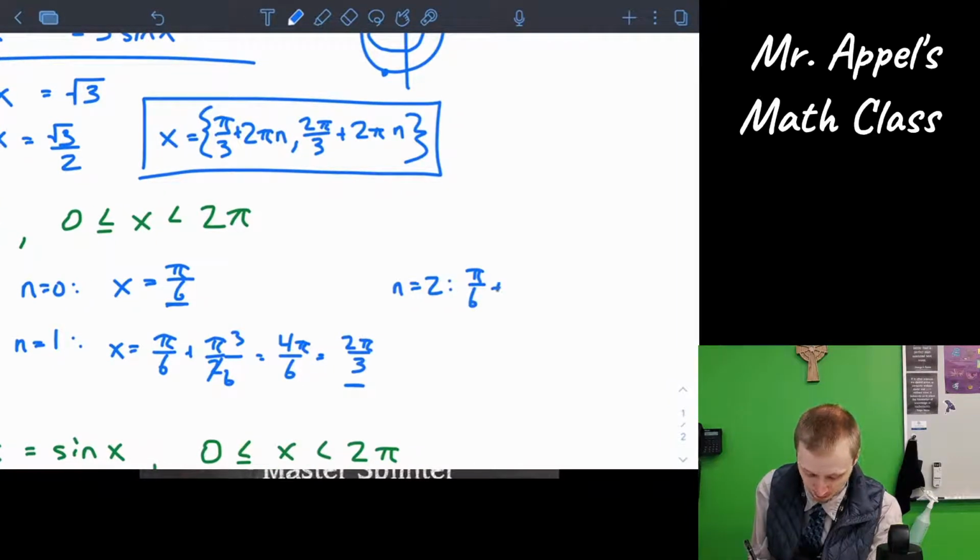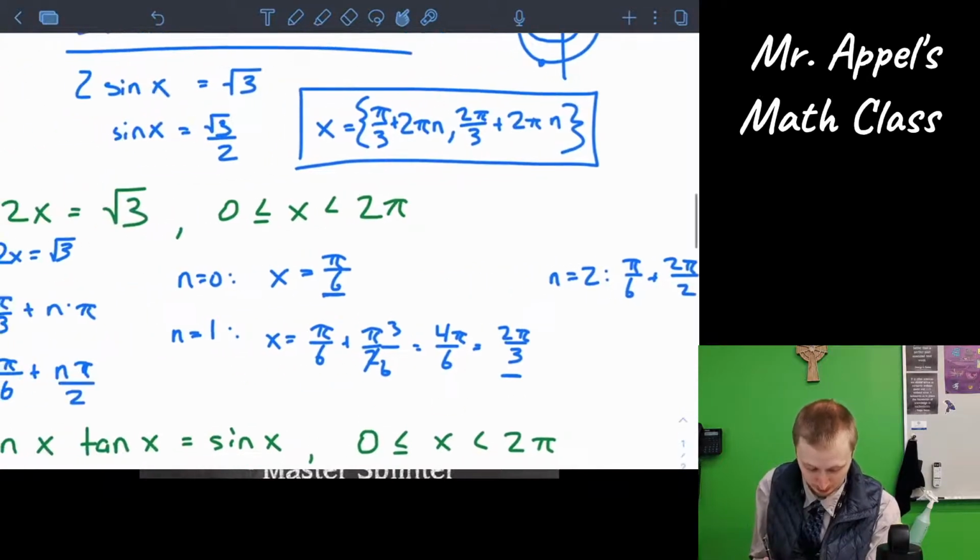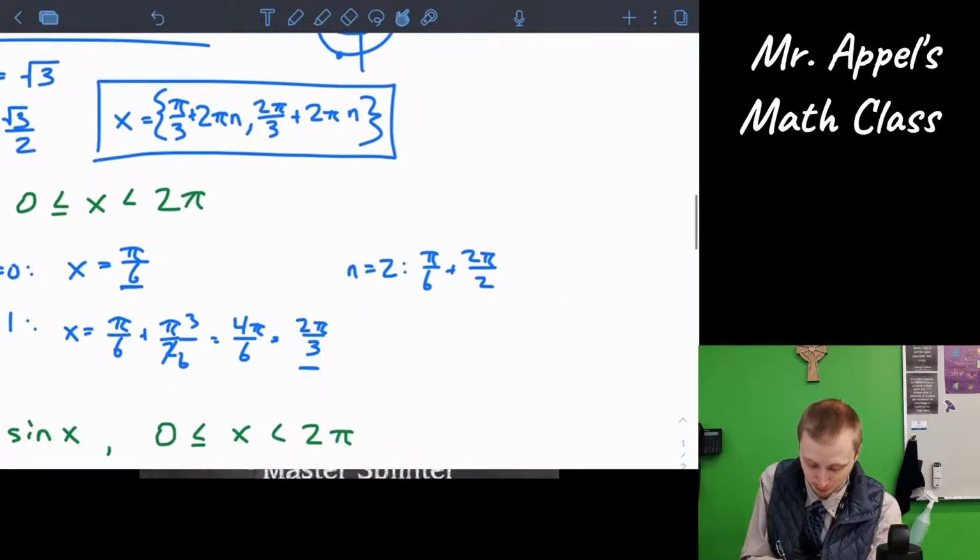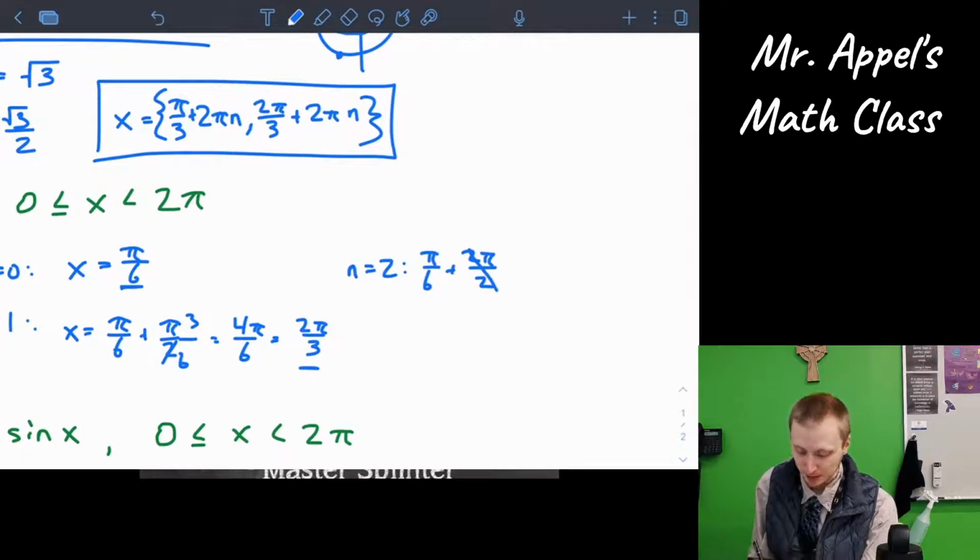Pi over 6 plus 2 pi over 2. It was 1 pi over 2. Now we have 2 pi's over 2, which is just pi. So pi over 6, now that gives us full pi plus an extra 6 would be 7 pi over 6.